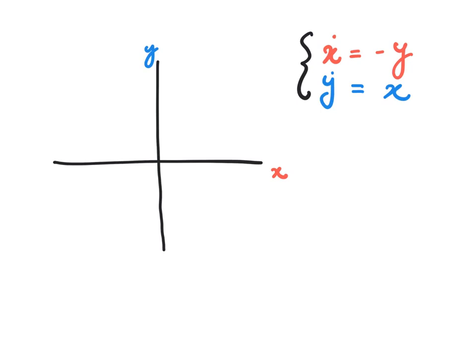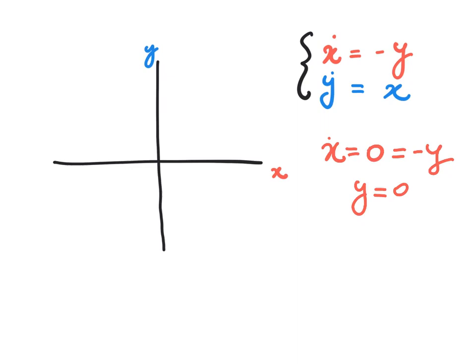Our first job is to find the nullclines, the curves where the derivatives for the individual coordinates are equal to 0. Let us begin with the x nullcline. For the x nullcline, x dot equals 0. And thus, the flow in x is 0 and changes direction when y equals 0.